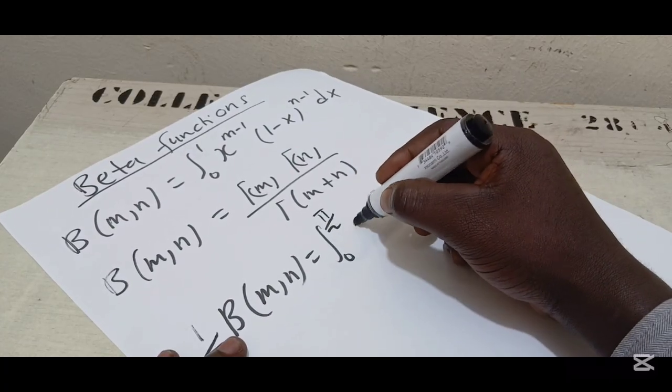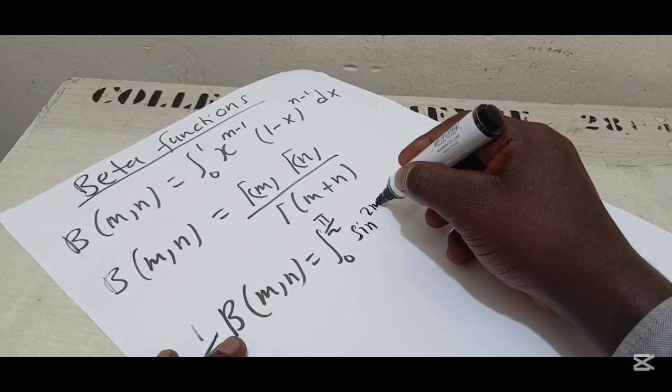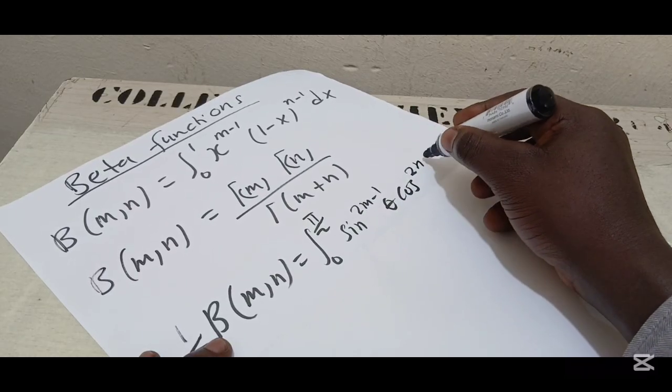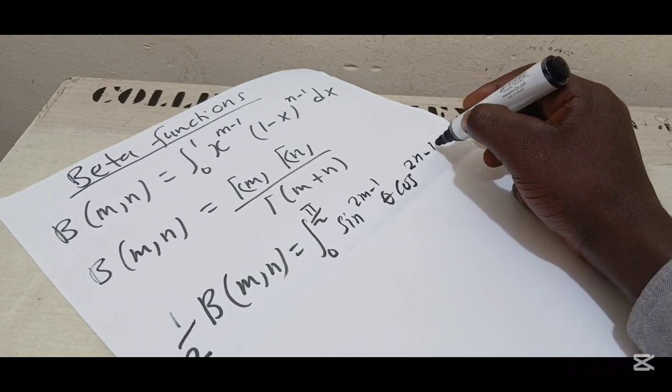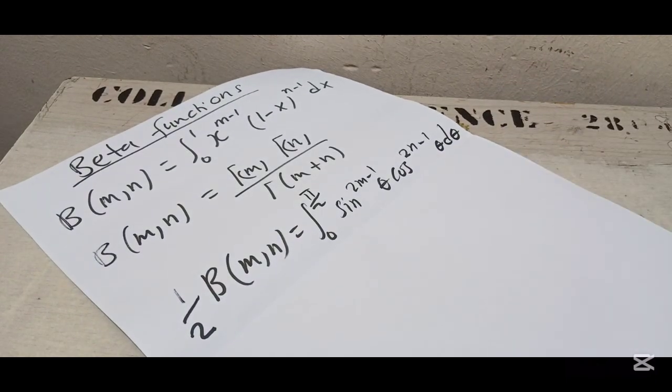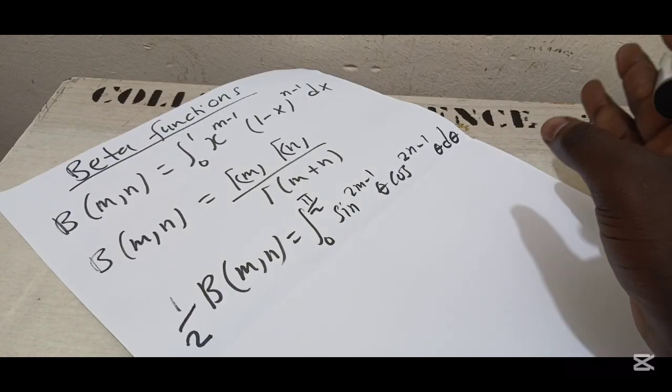Notice the limit very well. Sine to the power 2m minus 1 theta, cos to the power 2n minus 1 theta, d theta.